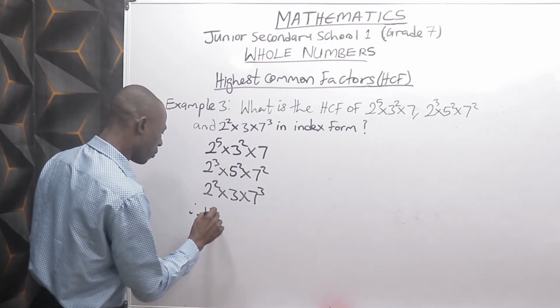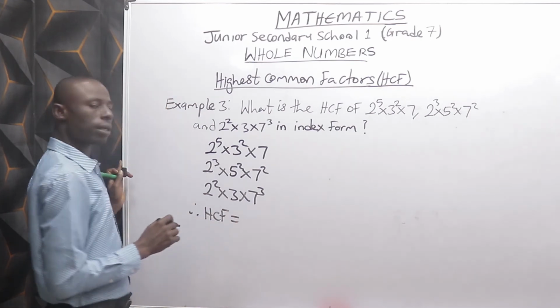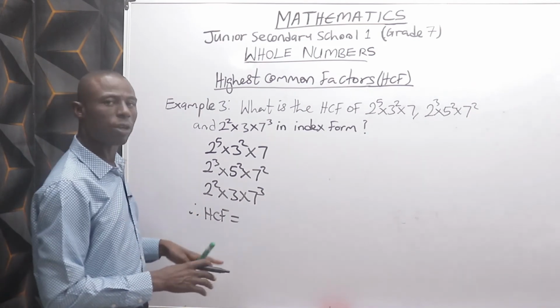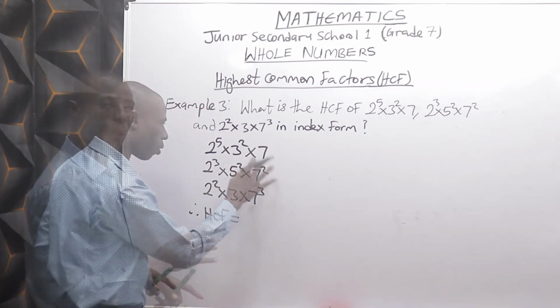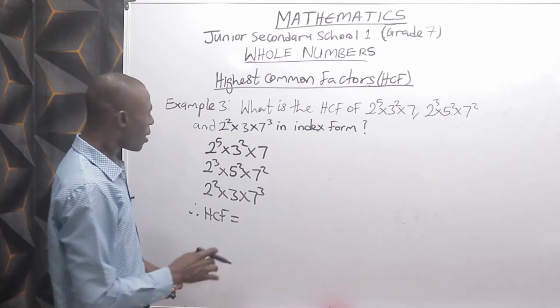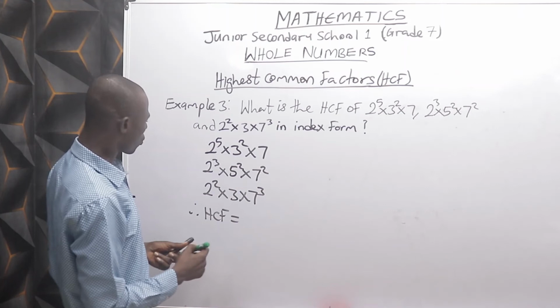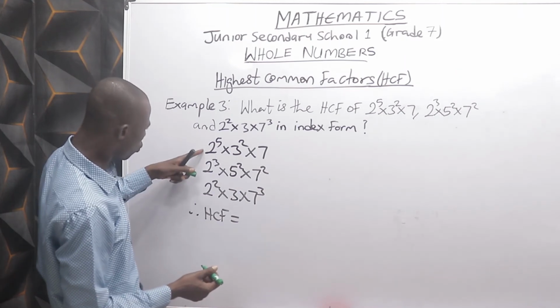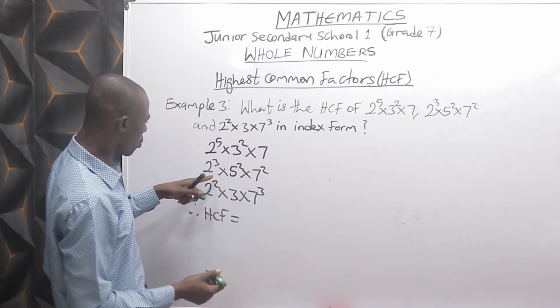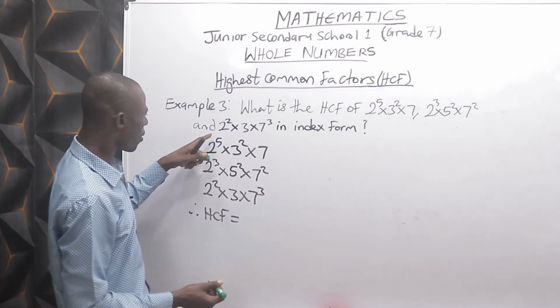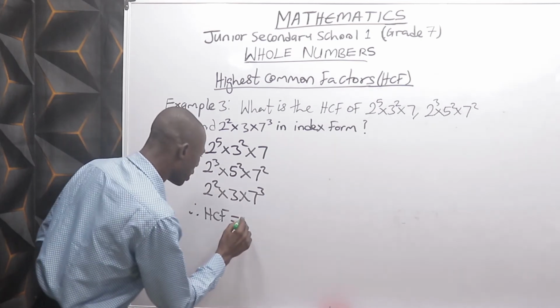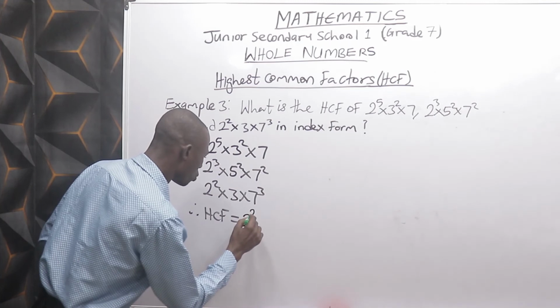Therefore, HCF in this regard will be the product of the common factors across the 3 sets of numbers taken in their lowest power. What factor is common here? 2 is common. We have 2 raised to power 2, 2 raised to power 3, 2 raised to power 5. So we take 2 in its lowest power as 2 raised to power 2.